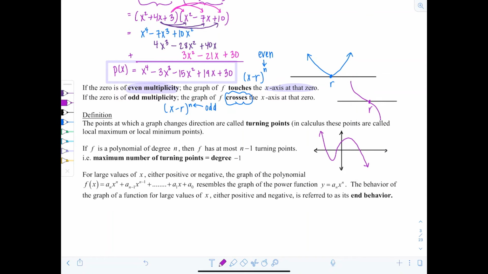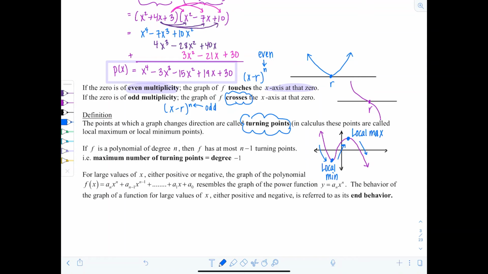So this graph has two turning points, namely right here where it switches from decreasing to increasing, and then another one right here where it goes back to decreasing. And in calculus, you'll call this point down here a local min, and this one up here a local max. But for now, we're just going to call them turning points, where the graph turns around, changes its mind, switches direction.